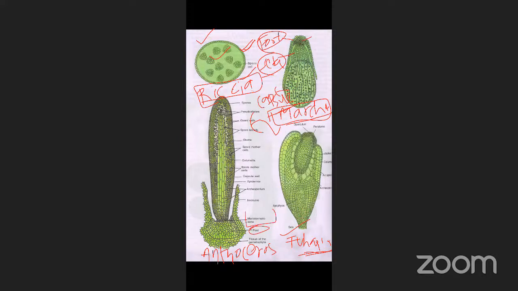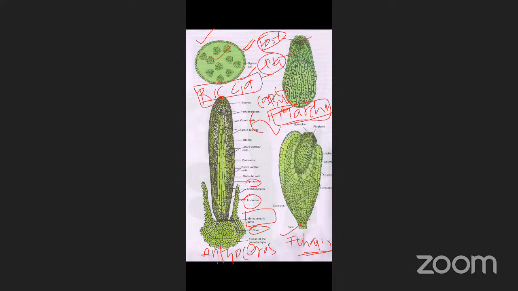Is this meristematic zone present in Riccia? No, sir. Present in Marchantia? No, sir. And it is protected with an involucre. This type of involucre is also present in both. And the outer layer is considered epidermis, okay.